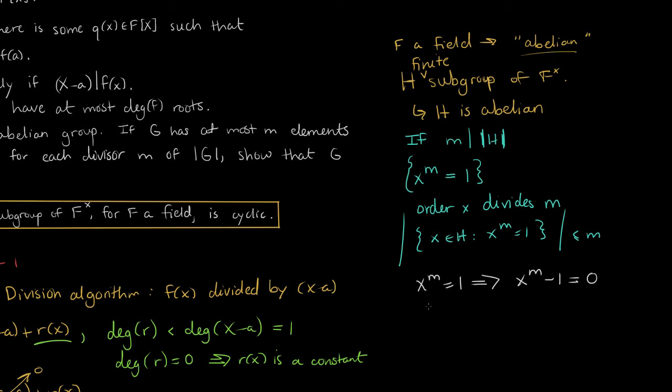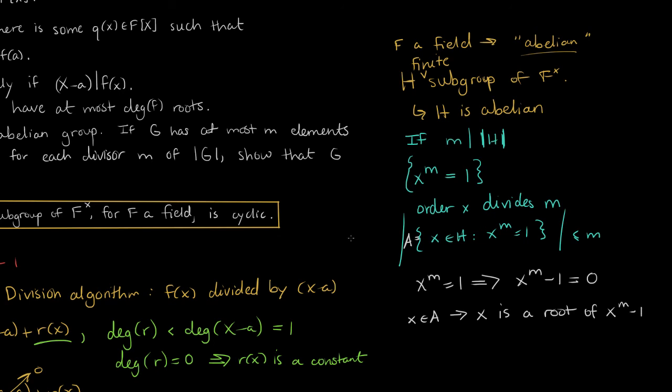And in fact, if x is in, let's call this A, if x is in A, then necessarily, because x to the m is equal to 1 multiplicatively, x is a root of this polynomial back in the field F, a root of x to the m minus 1.